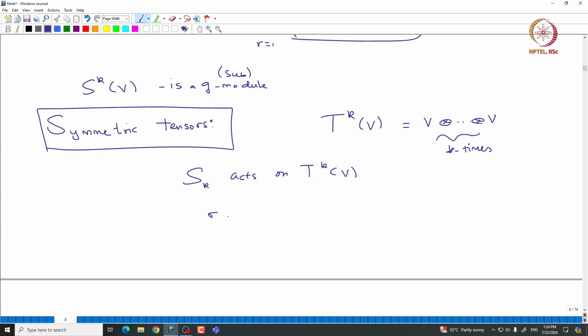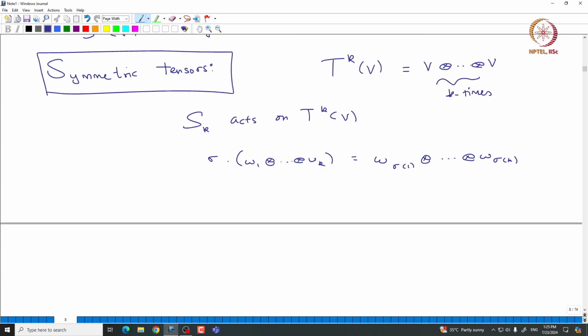If you take sigma and some simple tensor, maybe we will use W1 etc. Wk, because we want to just permute the indices. Then sigma just permutes those corresponding tensor components, so it gives exactly W sigma 1 etc. W sigma of k. This is again an element in Tk of V, and this induces an action on Tk of V.